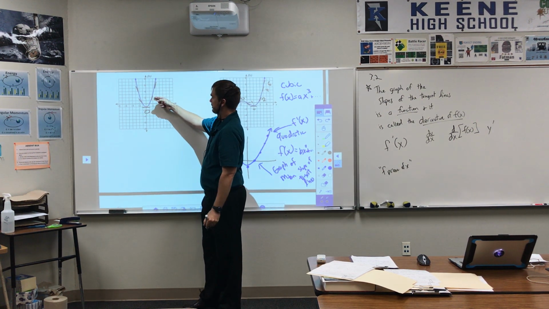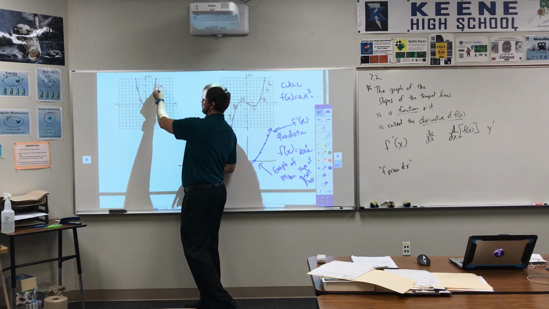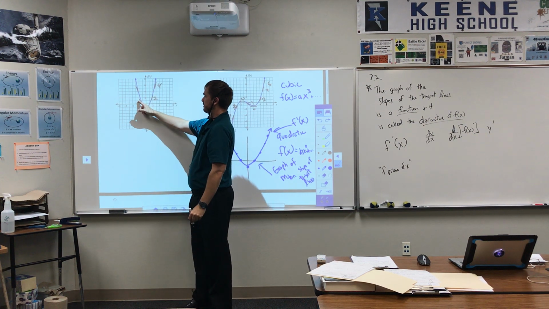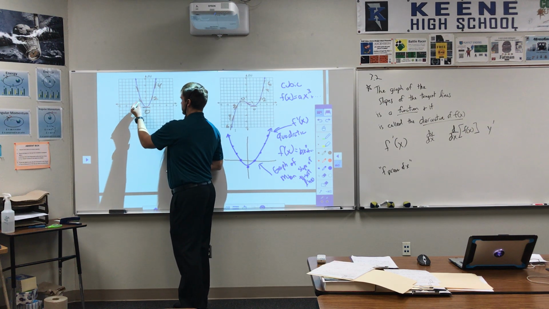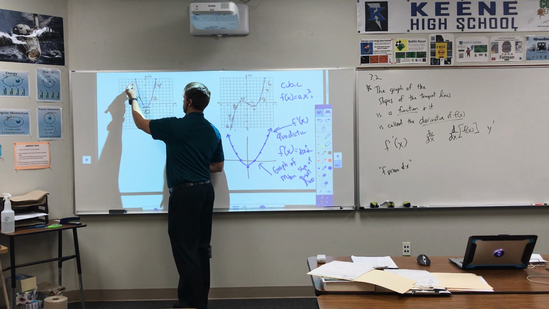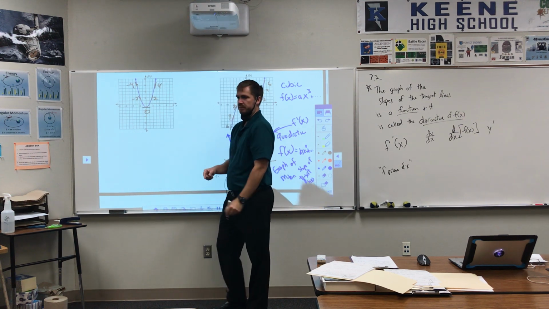What about right here? Sure, we'll call it 2. What about right here? 4? Over here? -2. I'll try to make it kind of symmetric. -4.